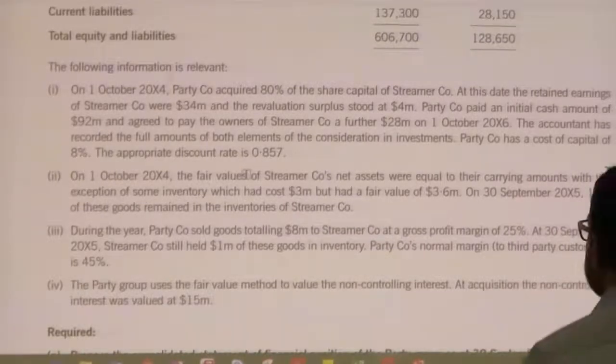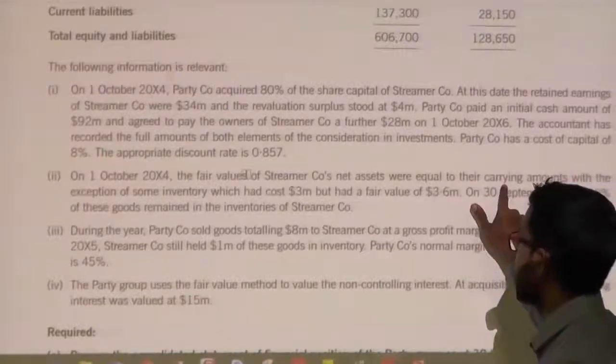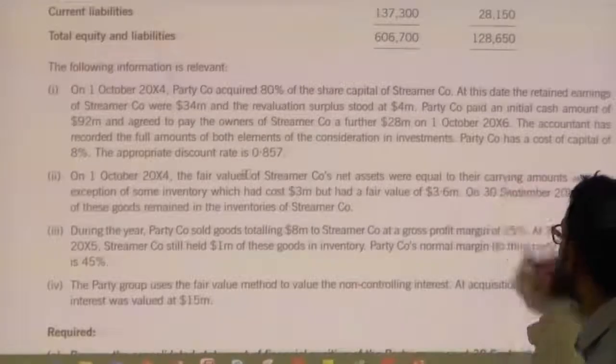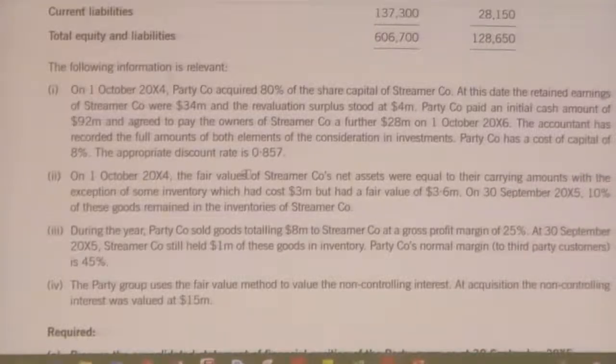Very important statement. Net assets equal to their carrying amount, with the exception of some inventory which had cost 3 million but had a fair value of 3.6 million. On 30th September 2015, 10% of these goods remained in the inventory of Srima company.